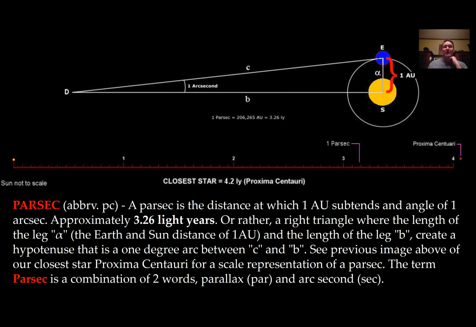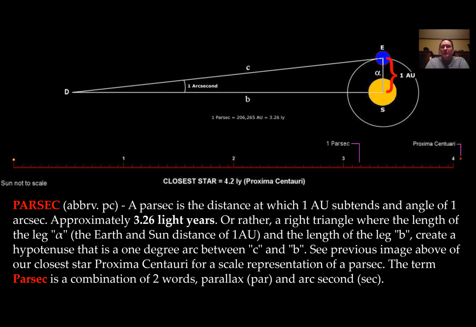Okay, next thing you want to look at is the next unit, which is called the parsec. This is very difficult to understand right now. We'll be covering this a little bit later. Please just know that the parsec is 3.26 light years away. It's a new unit of distance, but how you obtain this unit of distance is quite a challenge right now.